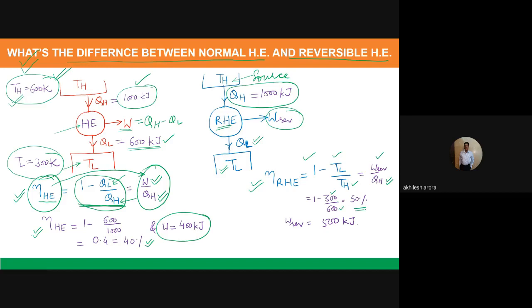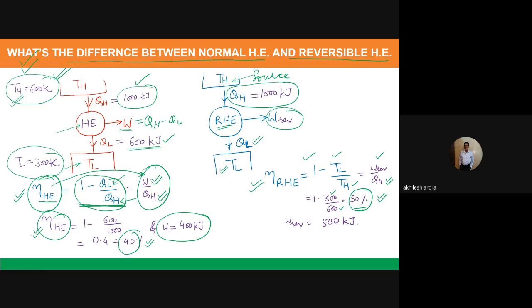So the efficiency of the reversible heat engine comes out to be 50%, whereas the efficiency of the normal heat engine was 40% only. So basically the efficiency of a reversible heat engine is larger, even though the temperature limits in case of both the engines are the same. Both the engines are operating between the same temperature limits of 300 Kelvin and 600 Kelvin. But the reversible heat engine efficiency is more in comparison to the normal heat engine.